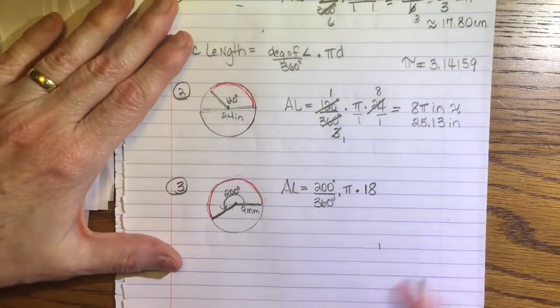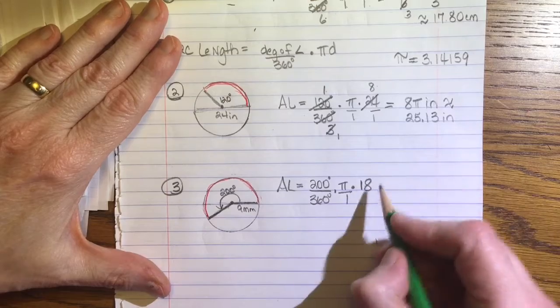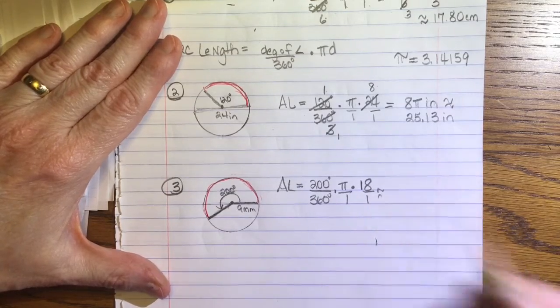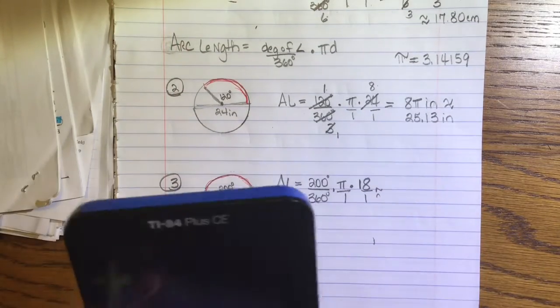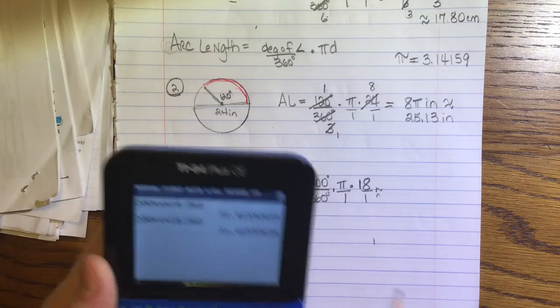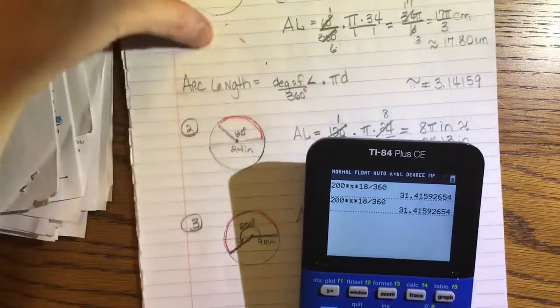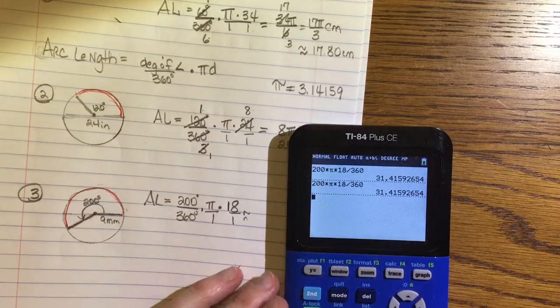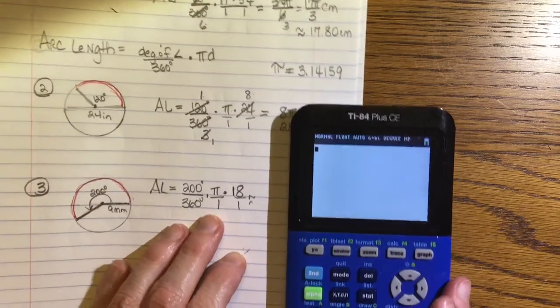Then you can do some canceling, or you can just multiply it like it is. Actually, on this one, I just multiplied like it was.